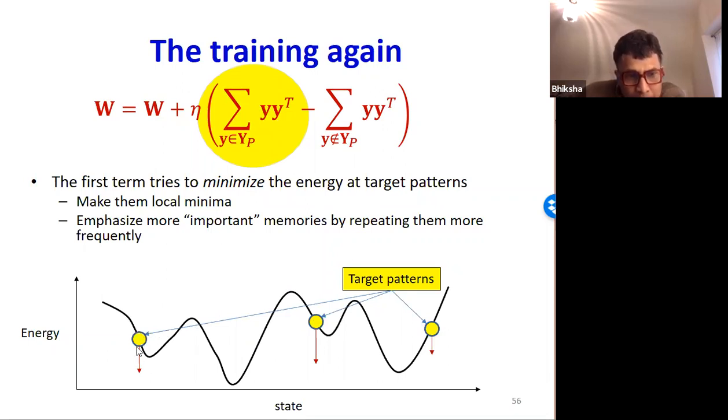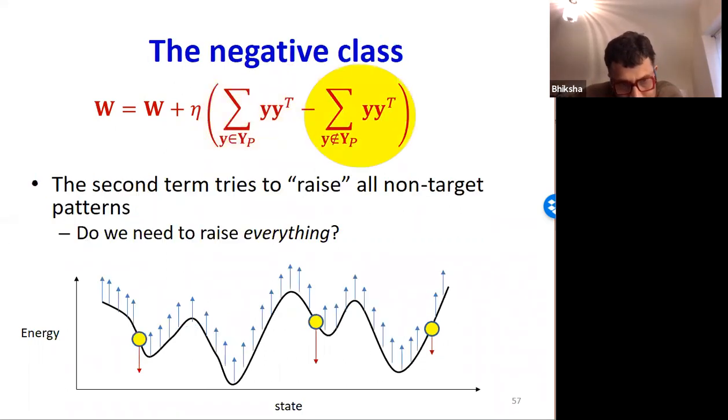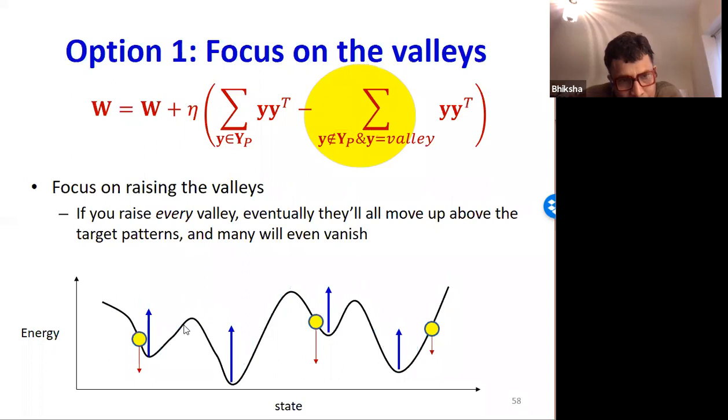I want to adjust my W such that the energy at these patterns goes down, okay? The second term is trying to pull up the energy at all of these guys. Now, do I really need to spend a lot of time pulling up something out here, or can I just focus on the valleys, right?